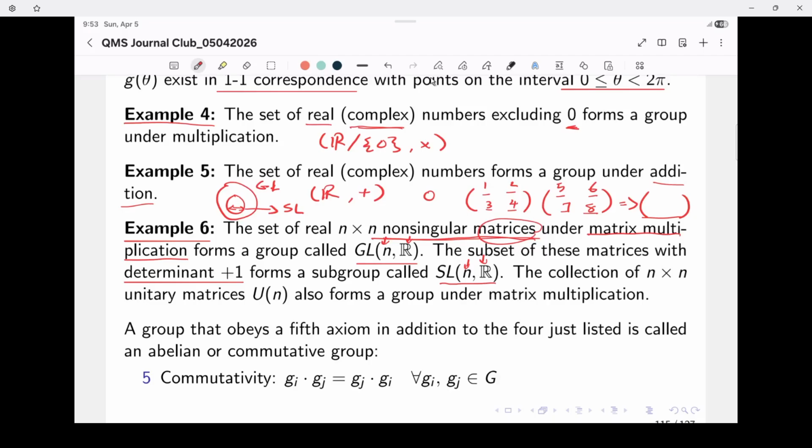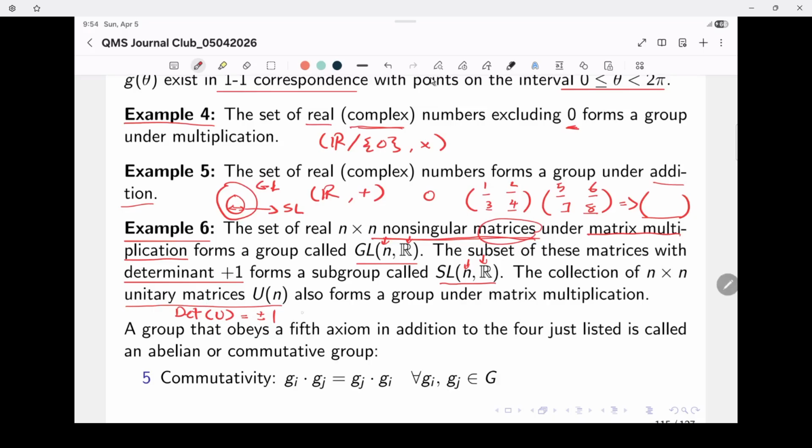So the third type of example would be unitary matrices. Over here, with unitary matrices, I don't really care whether your determinant is plus one or minus one. I just want unitary matrices.